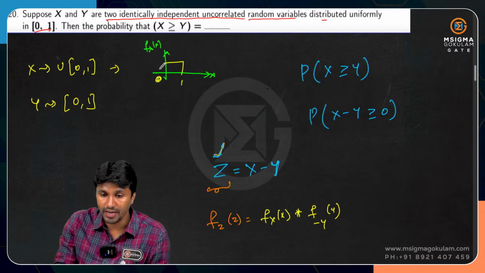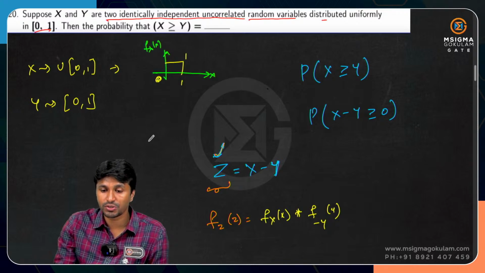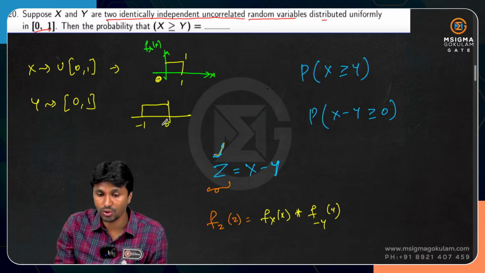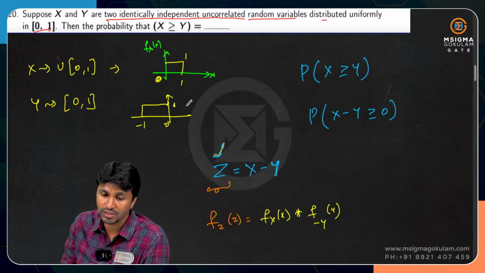The area under the PDF should be equal to 1, so this should be equal to 1, right? What we require is minus y. So it is distributed in the interval minus 1 to 0 and the amplitude should be 1, right? So this is the PDF of f of minus y.